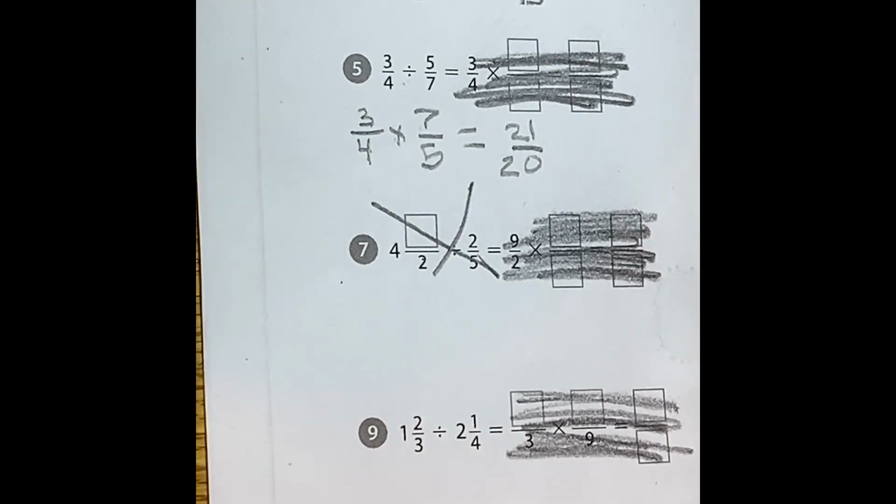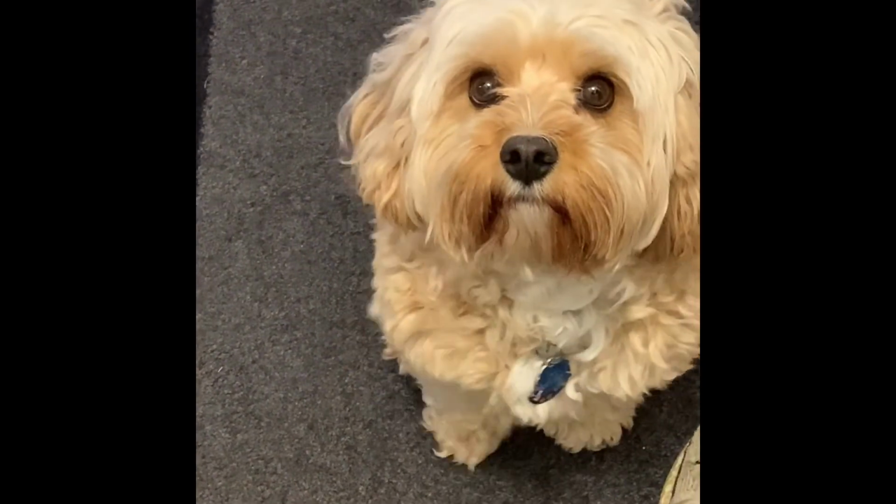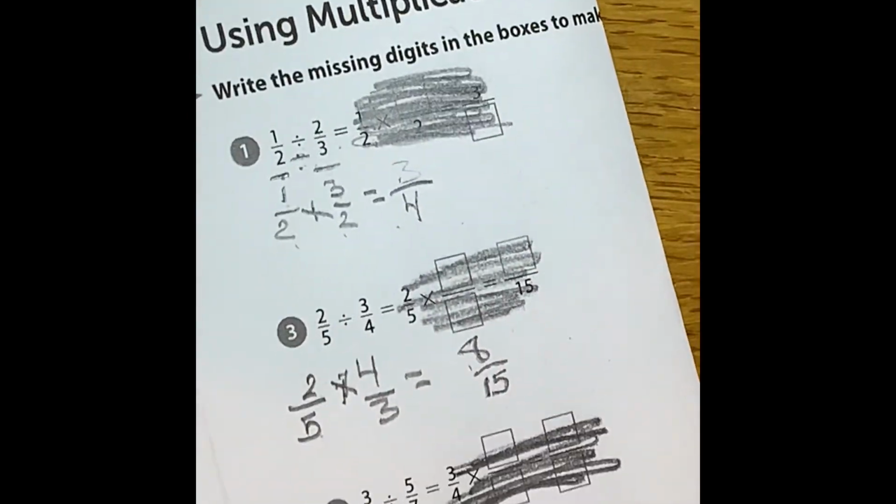Okay, what we're going to do now for number 9 is to get a whole separate piece of paper because we have some writing to do. And in order to do this, we need our space and we need to keep it clean. So the question is 1 2/3 divided by 2 1/4. So what I'm going to do is take this and replace it with a nice, good, clean sheet of paper.